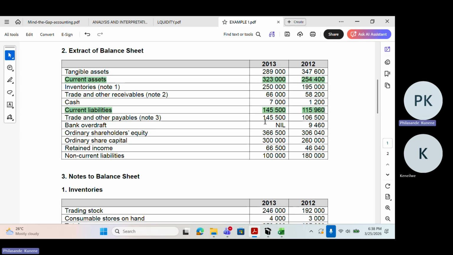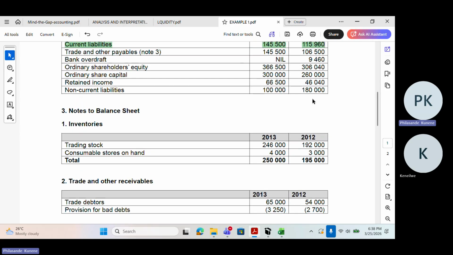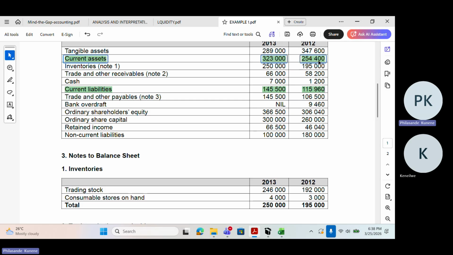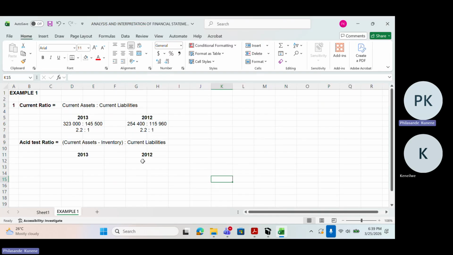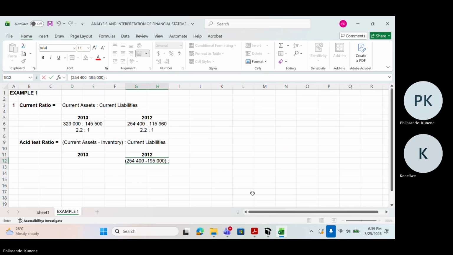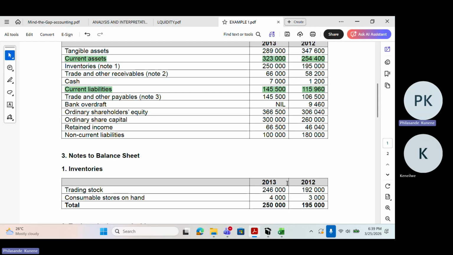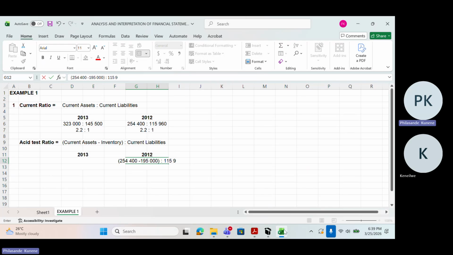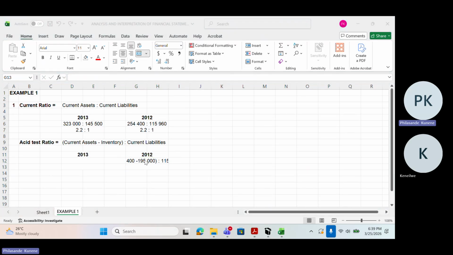Current assets minus inventory. So we're going to have 254,400 minus 195,000 rand, and then my current liabilities are 115,960.